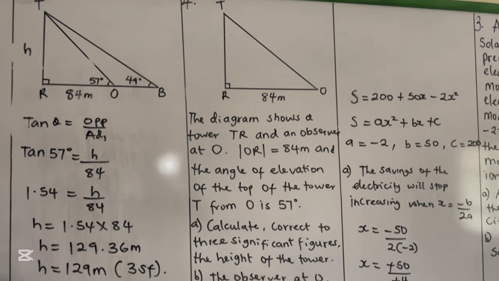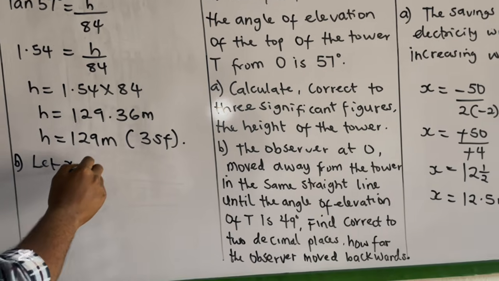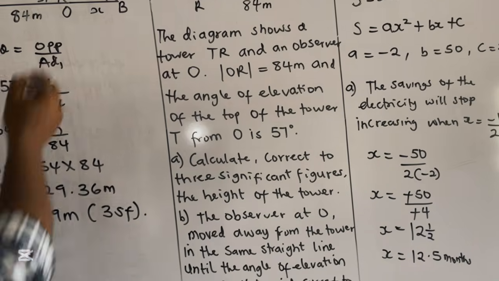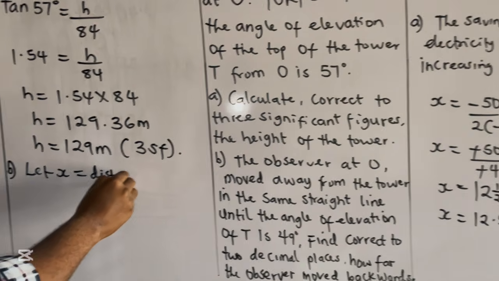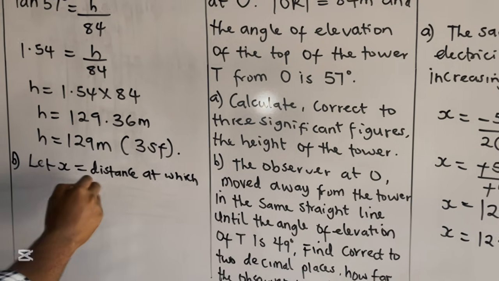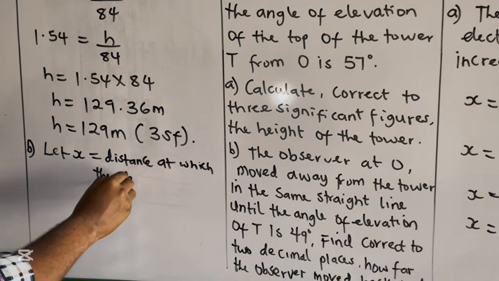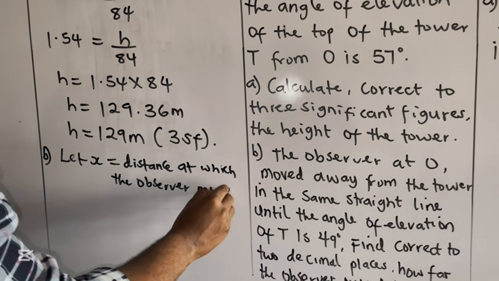So let x, this place, OB, let x equal the distance at which the observer moved backwards.